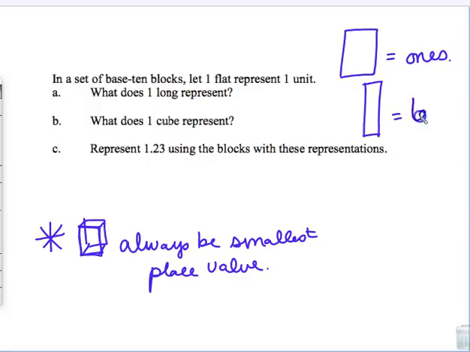So that long would have to be a 10th, because if you go up on the page to your chart, 1 smaller than the ones place would be a 10th. And so when it tells me a flat is a unit, a ones place, that tells me that a long has to represent a 10th.